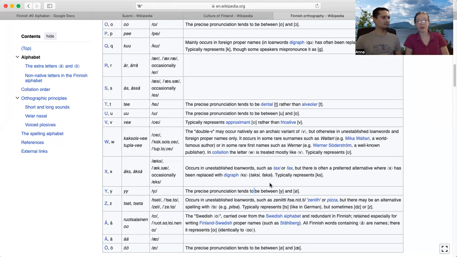In Finnish it's the same. If there are two R letters in the word, you pronounce a long R. If there are two O letters, then it's a long O. You always have to pay attention to the length of those sounds. If you have double vowels, always prolong the sound. It's really important because the length can change the meaning of the word.